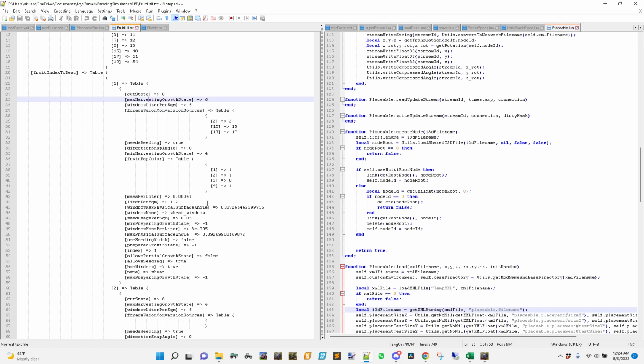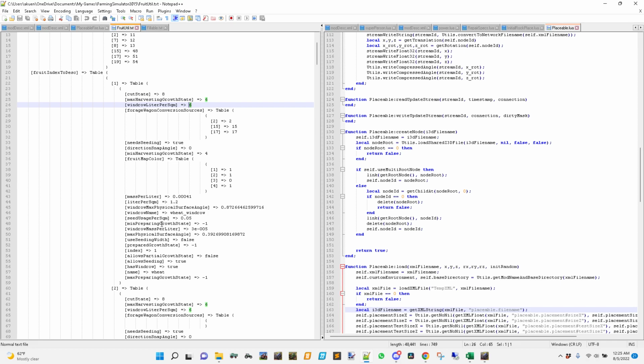Anyway, without going into all of these, which would be fun in its own right. Windrow liter per square meter. So when you harvest wheat, it's going to output 6 liters of straw every square meter of the field. So that's an important little tidbit. How much straw are we going to get off of a square meter?